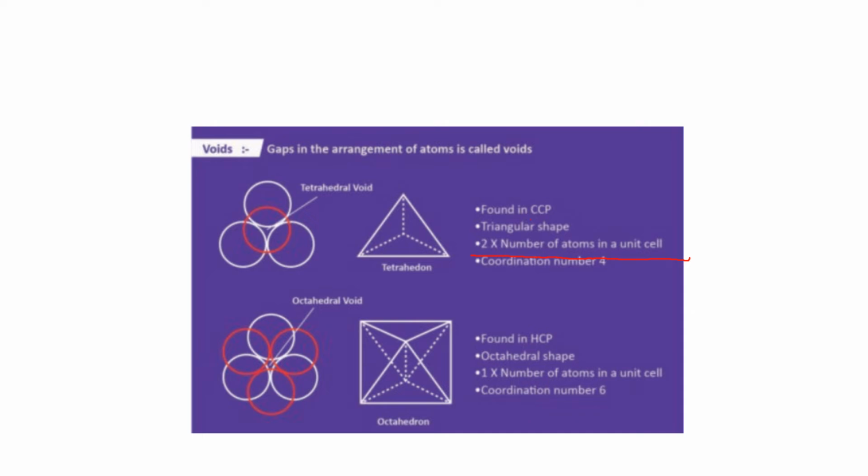We know that in a cubic close packed, face-centered cubic, there are 4 atoms in a unit cell. So there are 8 voids. At the same time, for the octahedral void, the number of voids is 1 times the number of atoms in the unit cell. So in the case of FCC, it is 1 times 4, that is 4.